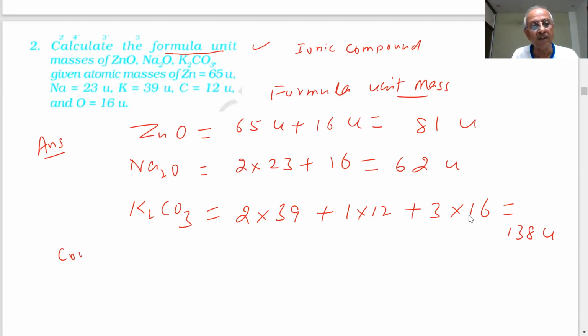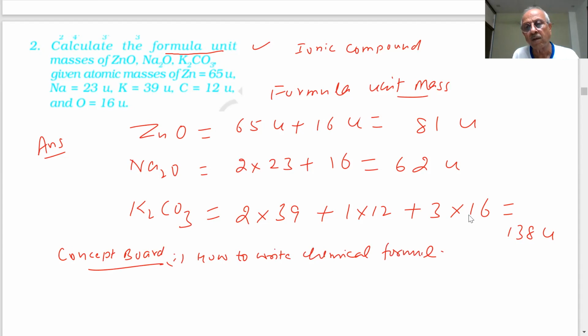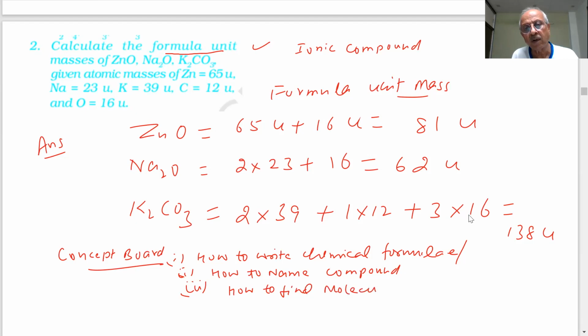So in our concept board, which we have used, we have told you how to write chemical formulas of the compounds, how to name the compounds if the chemical formula is given, and how to find molecular masses of the compounds.